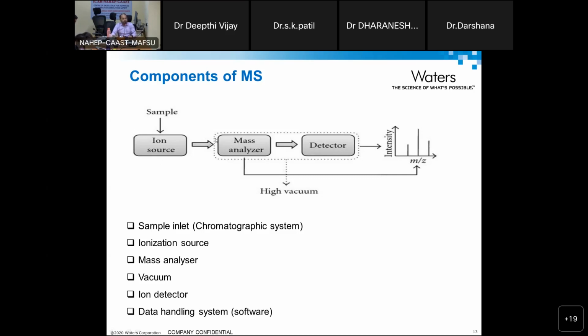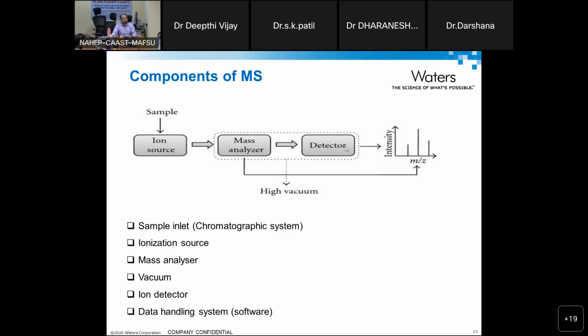As I have mentioned, the mass analyzer, the detector and the other parts have been kept under high vacuum. Now why is vacuum required in LCMS? As I have told you, the mass spectrometer generates ions, which have either positive or negative charge. As those ions have charges, they are highly reactive.